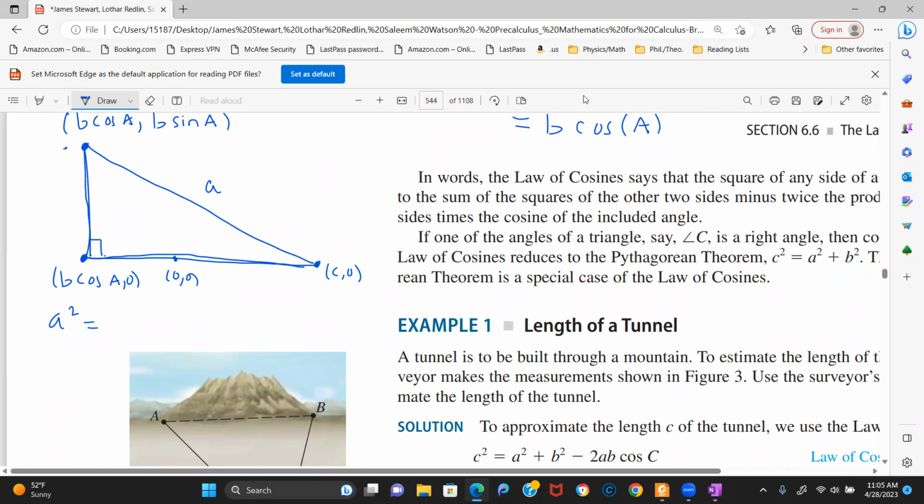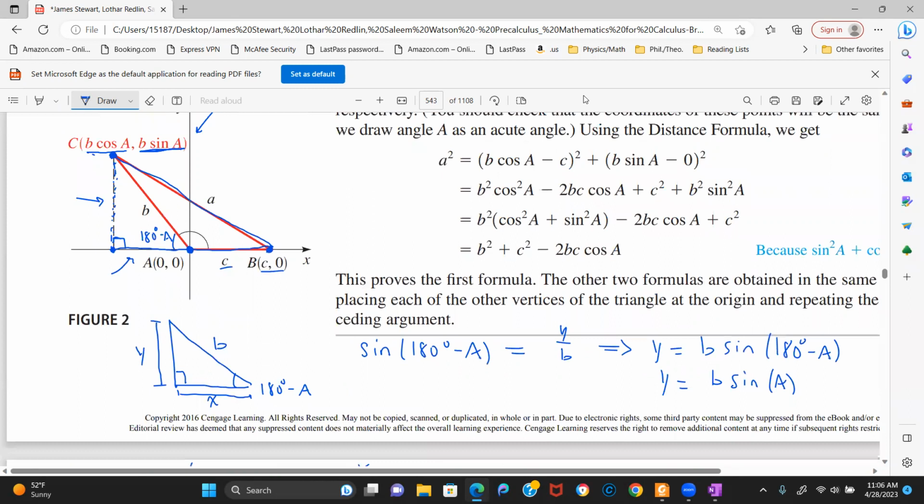So the length of this line right here is going to be the y coordinate squared, because that's the length right there. Plus, and now that's going to be some possibly negative number.